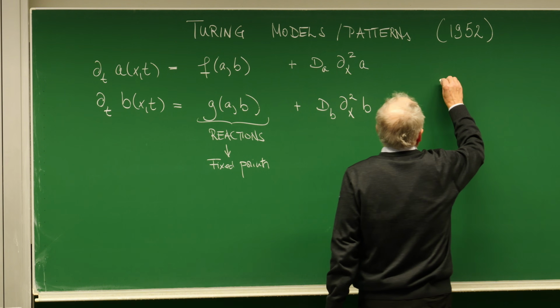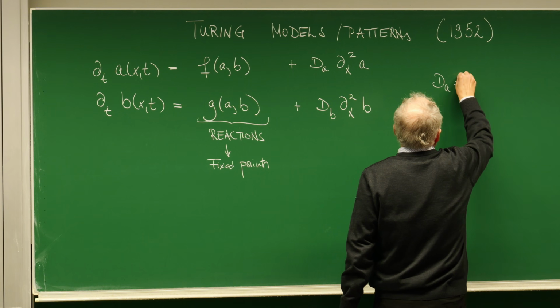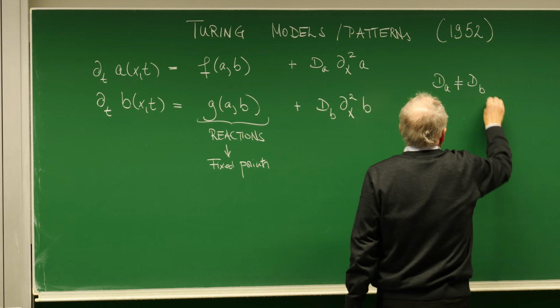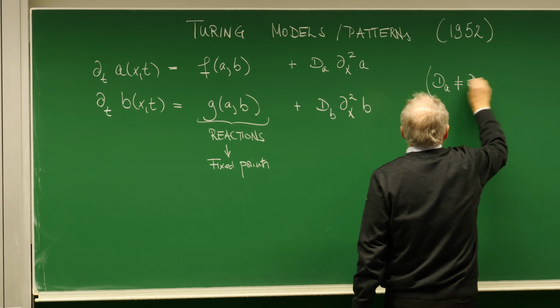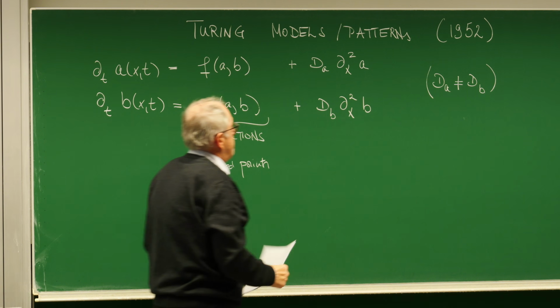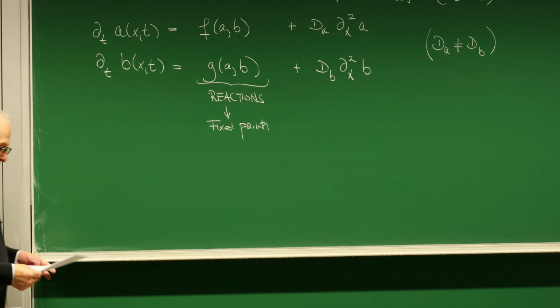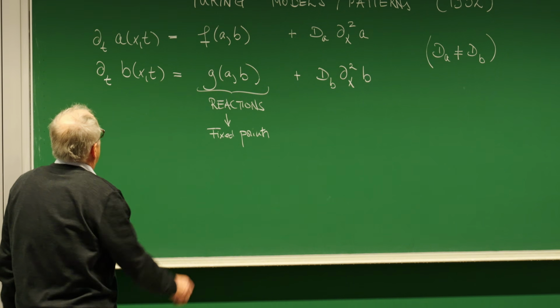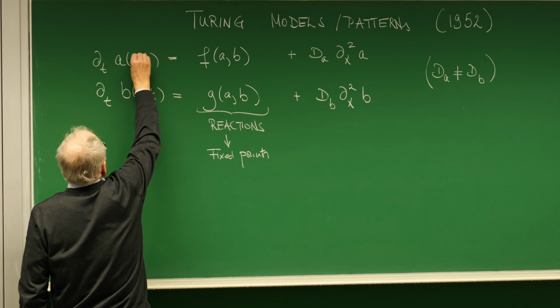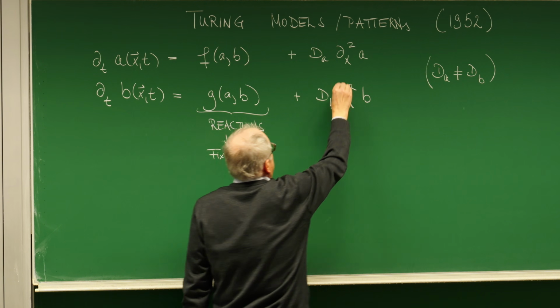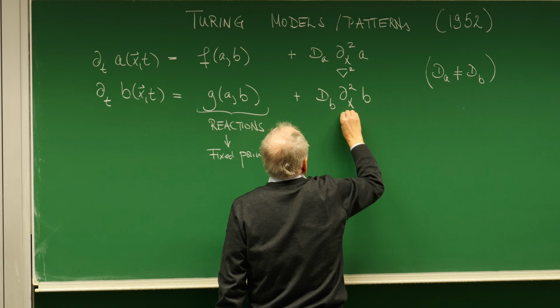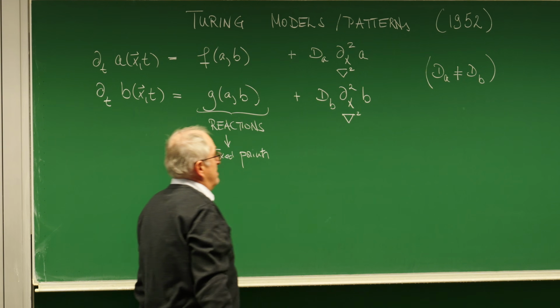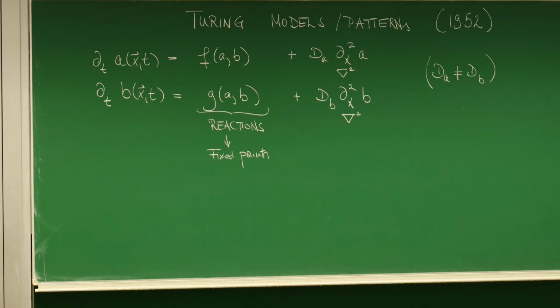And in general, let's say dA is not equal dB. And you will see later why this is important or not important when we study the system. You can also think of this as vectors, right? Doesn't really matter. Then this would be a Laplacian instead of a linear term that's only depending on x.